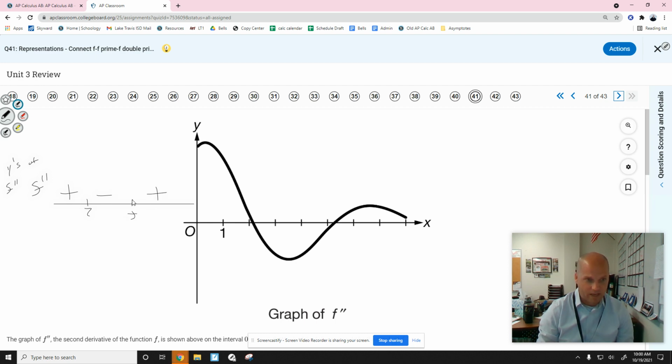They're positive after that. That means f prime's going up, going down, going up. I've done that a couple times in the last couple of days. That's telling me f is concave up, concave down, concave up. Okay, I'm looking for a graph of f that is concave up, concave down, concave up.